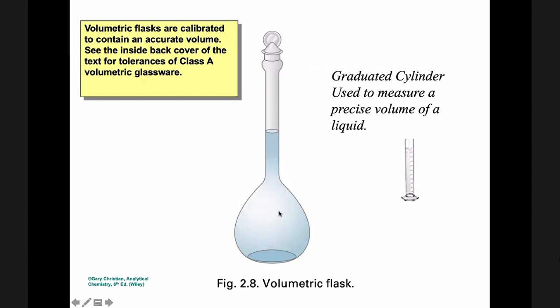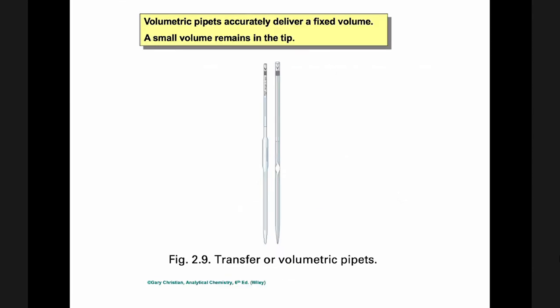So we have here the volumetric flask and the graduated cylinder. This one, the bulb one, is the volumetric pipette. Volumetric pipettes accurately deliver a fixed volume. A small volume remains at the tip upon aspirating the liquids.